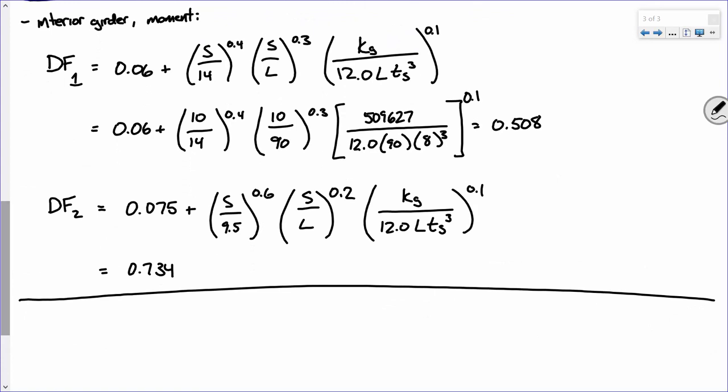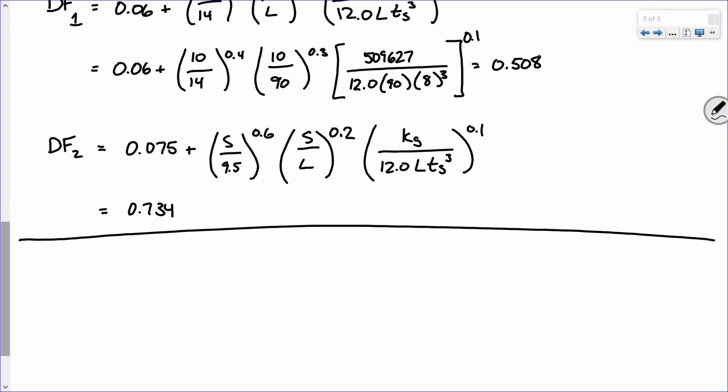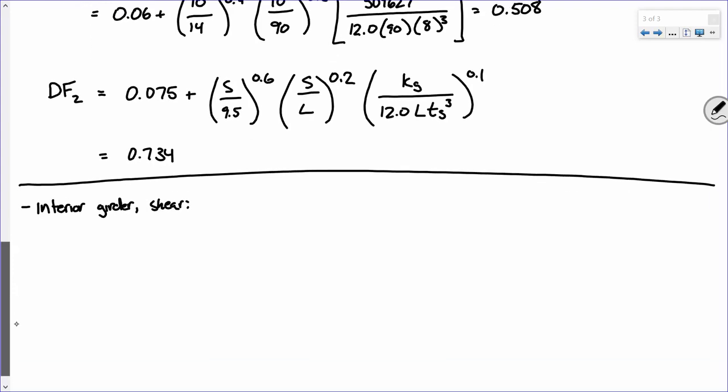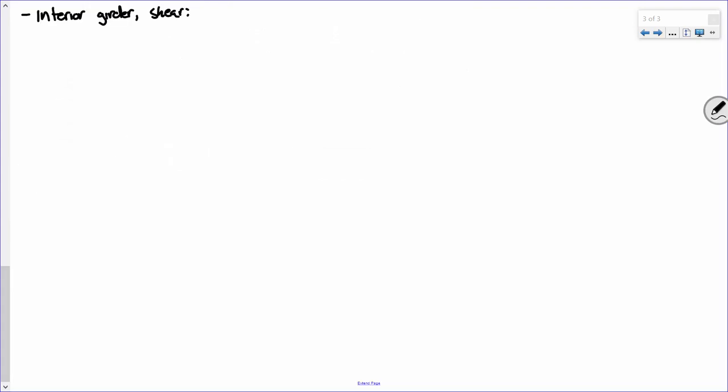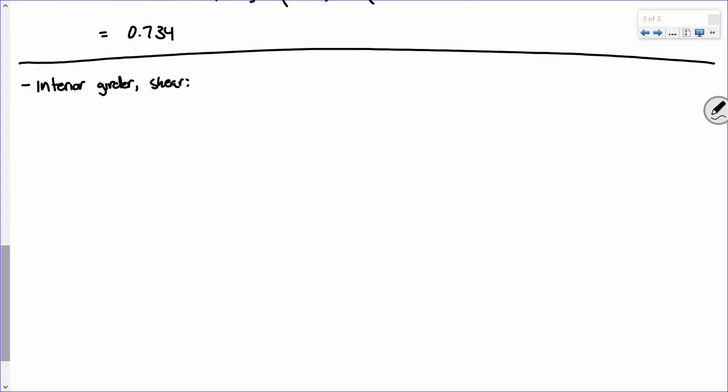So we've done interior girder moment. Now what we're going to do is interior girder shear. This is where I want one of you all to open up the spec and tell me what the equation is.